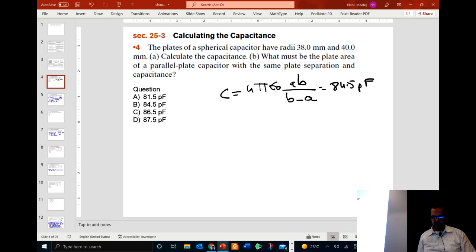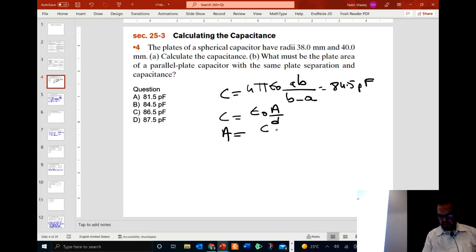Okay, the next question, what must be the plate area of a parallel plate capacitor? We know the capacitance for a parallel plate capacitor is epsilon 0 A over D, and D is the same. The distance between the plates is 2 millimeters, so we need to determine A. So A is just equal to C D divided by epsilon 0.